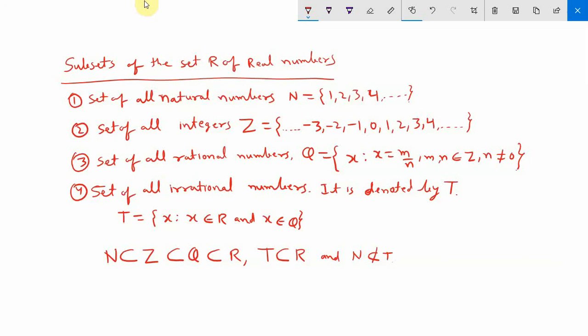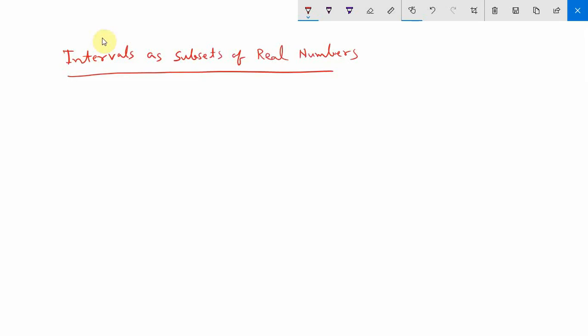Okay, so next we will discuss intervals as subsets of real numbers. So what are the different types of interval? We will write this. First one is closed interval.